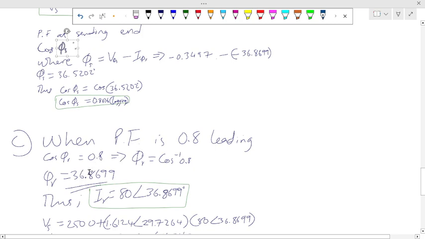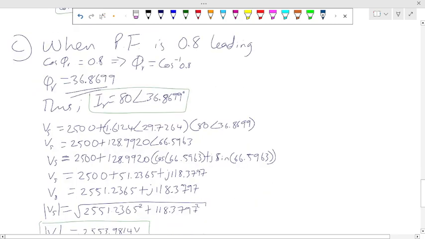But when we hear the word leading, it means the angle of the receiving end current will be positive. If it's lagging, the angle will be negative. If it's leading, the angle will be positive. That's just the difference there.